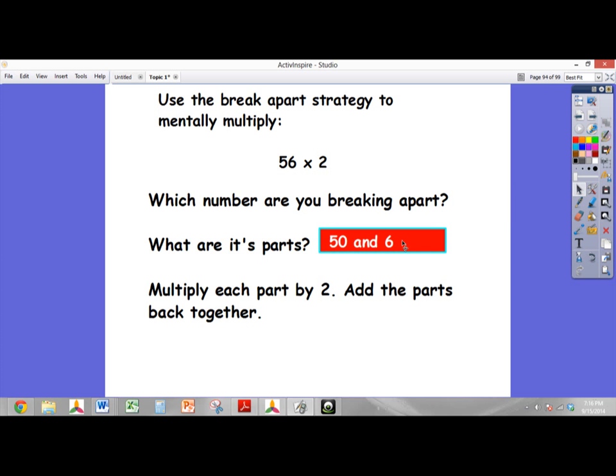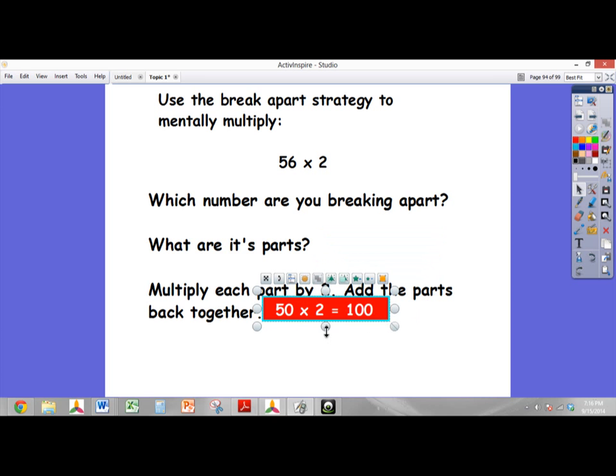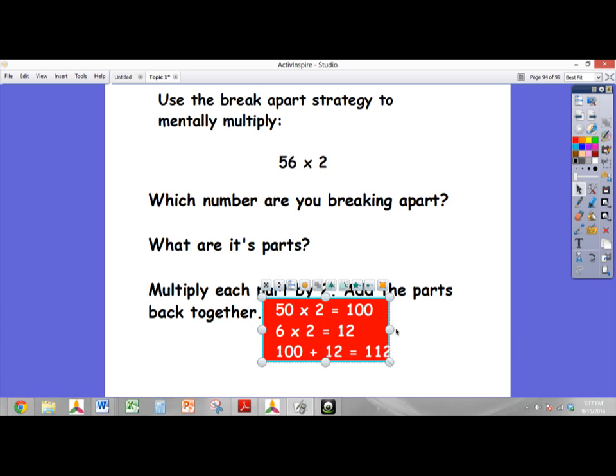Now I need to multiply each of those parts by 2 and then add them back together. So 50 times 2 is 100. That's an easier problem to do mentally. 6 times 2 is 12. That should be a known fact. And those are two easy numbers to add. 100 plus 12 is 112.